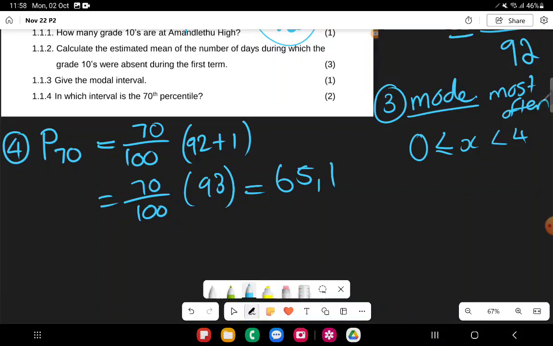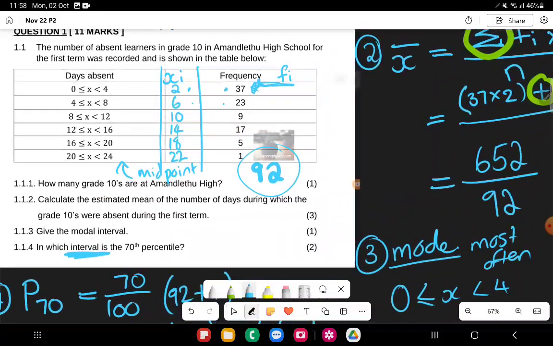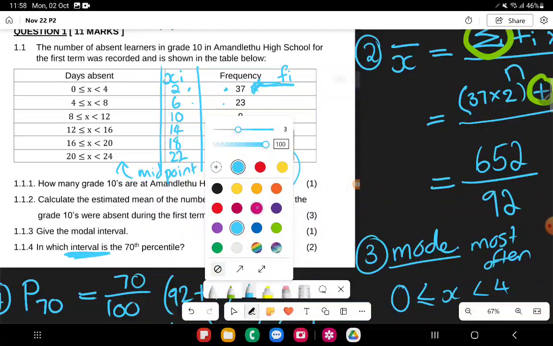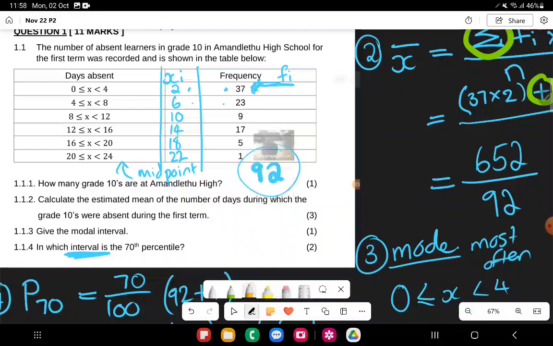Now, the question is not what is the 70th percentile. They're asking me in which interval it is. So how do we calculate this? We are going to add and keep a running total. After the first interval, we have 37.